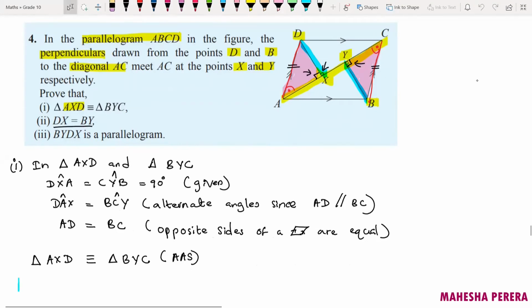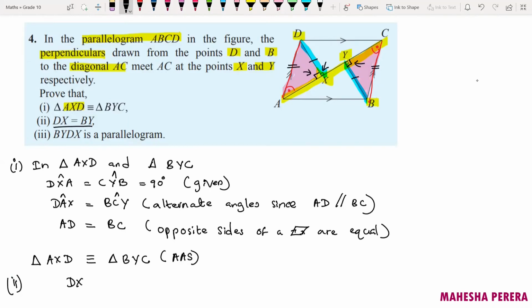Now the second part we can easily prove, right? Why? Because these two perpendiculars are the sides of the congruent triangles, right? And they are actually corresponding sides, right? So you can easily say these two sides are equal because of the congruent triangles, right? So Roman figure 2, right?